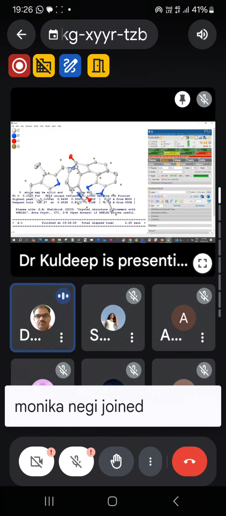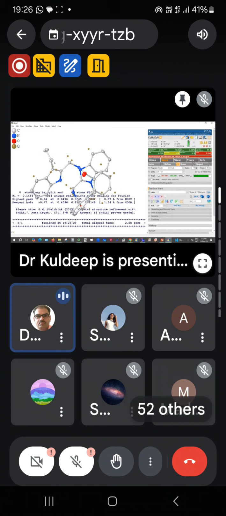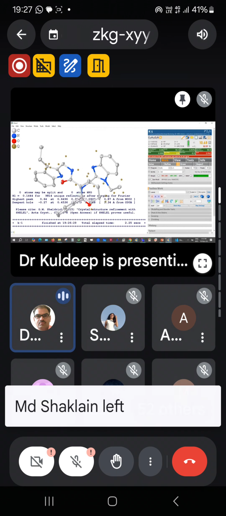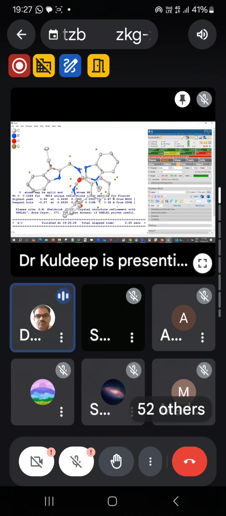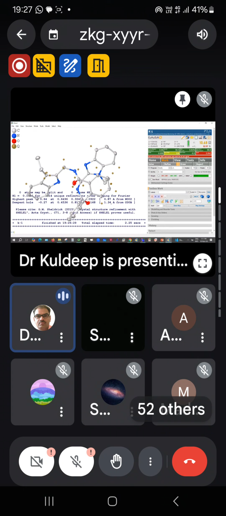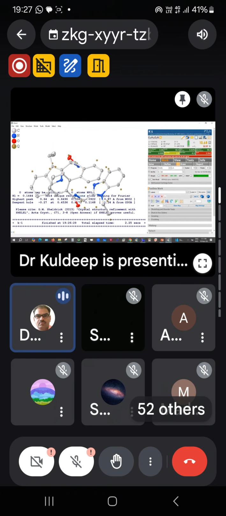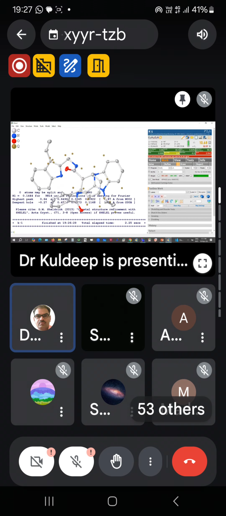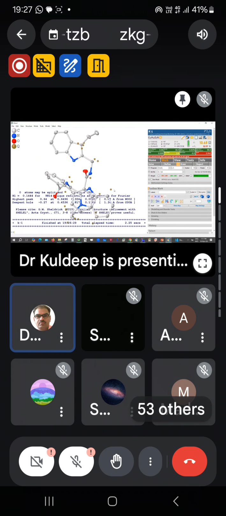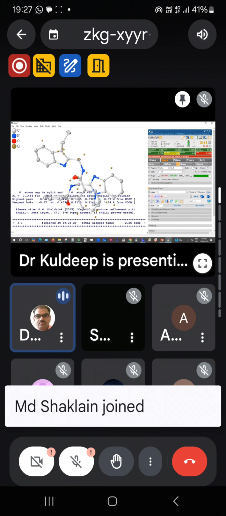There is a methyl. So this is sp3, and this is also sp3, but this is methylene. And there is an amide nitrogen, so there is NH. So it has different kinds of hydrogen. I chose this example so that I can explain the fixing of different kinds of hydrogen in a single structure. So next is the addition of hydrogen.